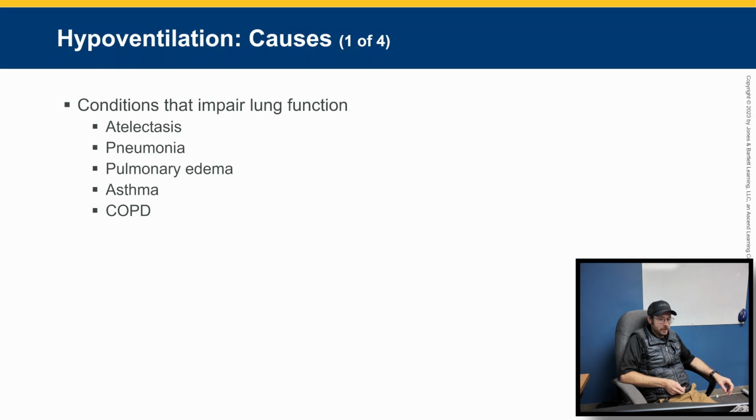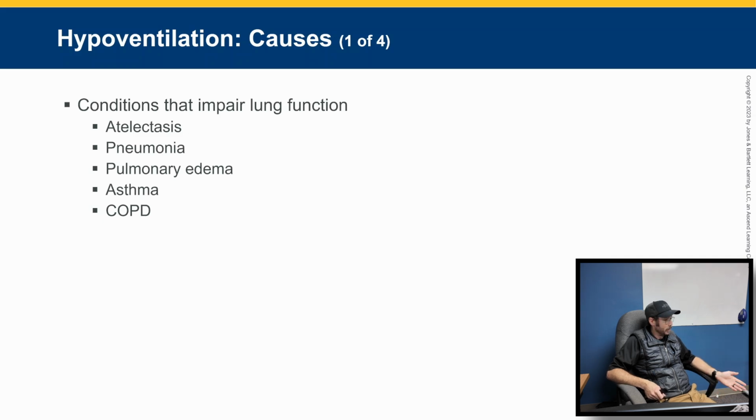So with asthma and COPD, why do we have hypoventilation? Because of constriction. Constriction, inflammation, it decreases the volume that we have inside the respiratory system. So that decreases the amount of gas that I can have participating in respiration. Makes sense on that one.